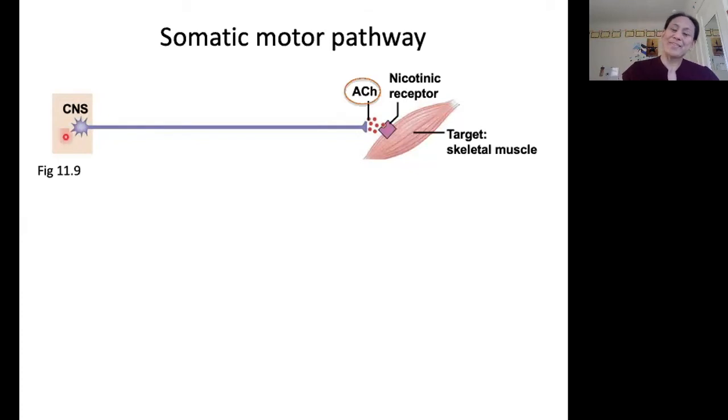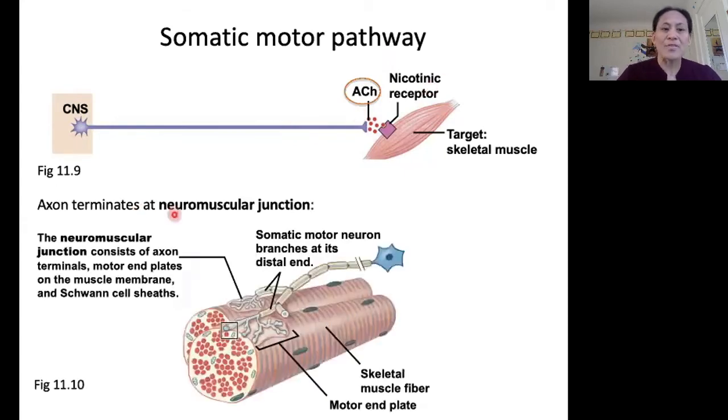If you think about that distance, you can imagine that axon is going to be very long. It's going to extend the entire length of your body. Pretty crazy. The interface between this motor neuron and the muscle target is called the neuromuscular junction.